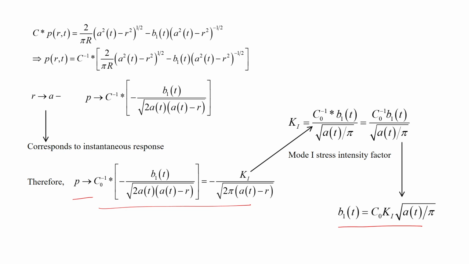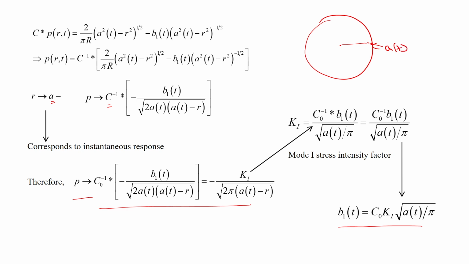Now there is one point that needs to be considered here, that P is equal to C inverse over here, but since we are considering R at A, that is at the limit, okay. So that means it is this part at the contact line. So R is equal to A of T at this point, this is actually the contact line.